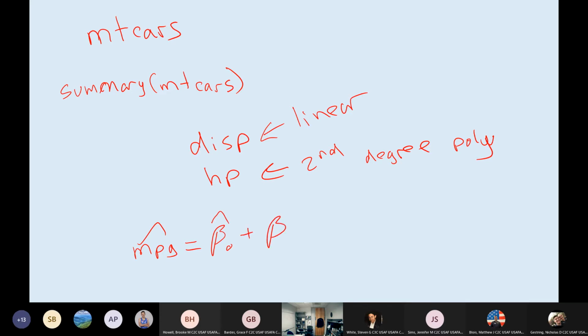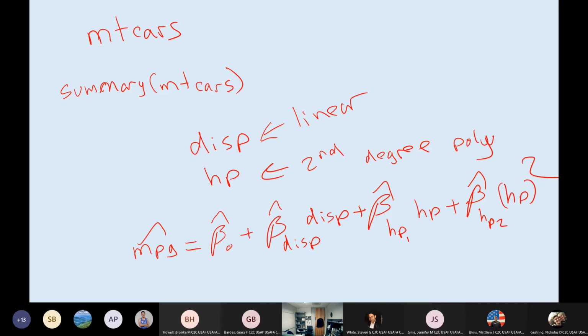I'm going to call it beta hat displacement times disp plus beta hat horsepower 1 of horsepower plus beta hat horsepower 2 of horsepower squared.